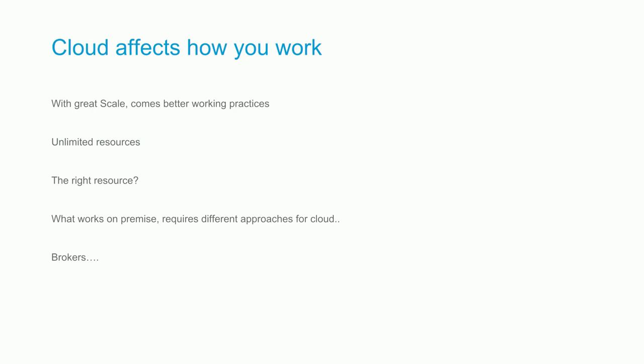The right resources, how you start to utilize it, and what works on premise generally starts to break as soon as you start going into the cloud. Yes, you can repeat what you do on premise in the cloud, but that's not a smart idea to do. This is where brokers come in. Again, a broker, for those who don't know, is basically a way of taking a username and connecting you to a resource.